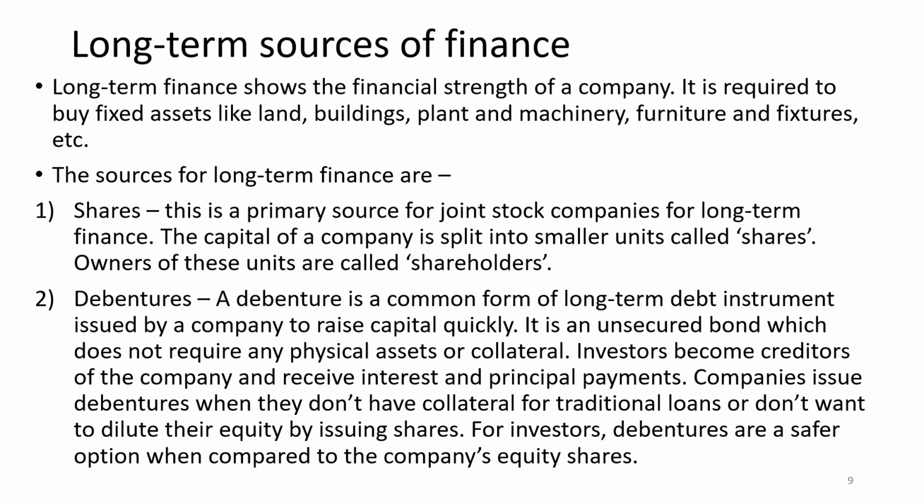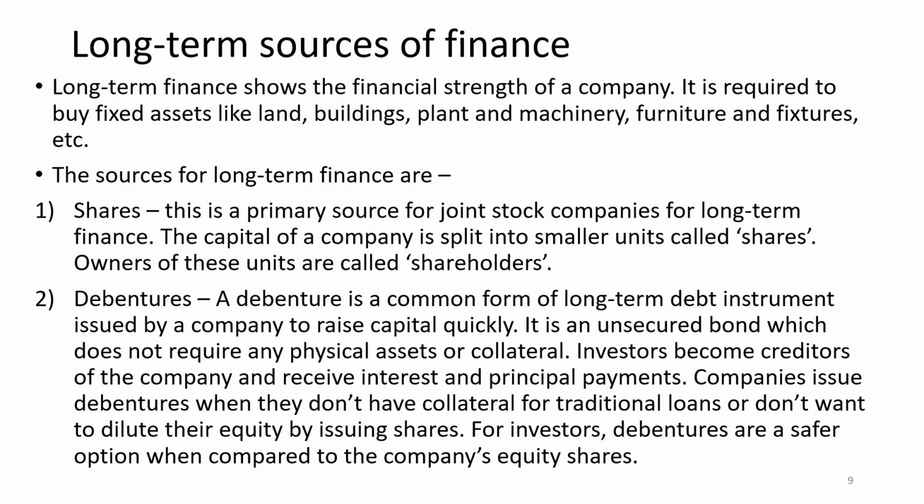The company will issue shares, and the shareholders will become part owners of the company. Like that, they can get long-term finance from the shareholders. Debentures are also a form of raising capital quickly. A debenture is an unsecured bond, where the investors become creditors of the company and receive interest and principal payments.